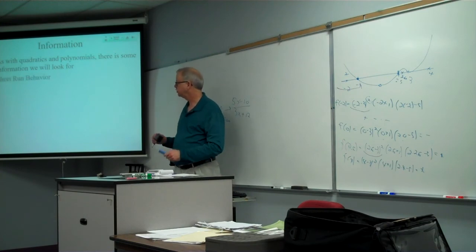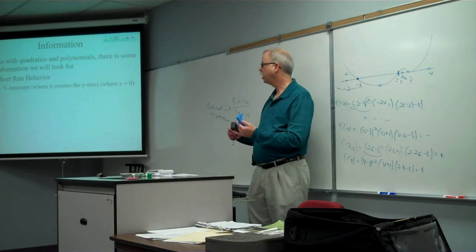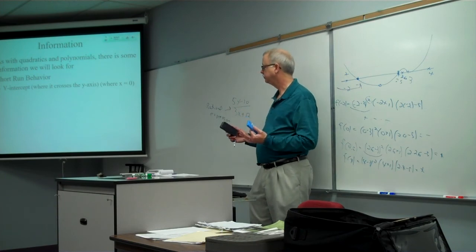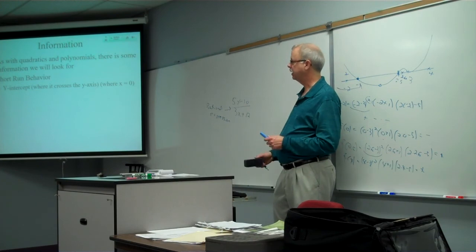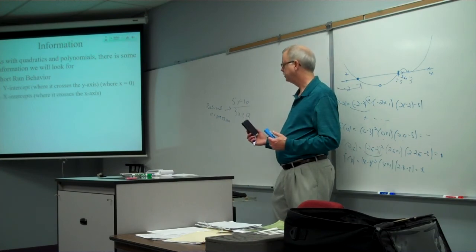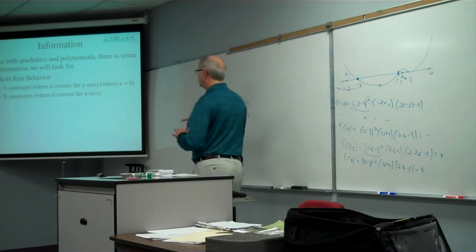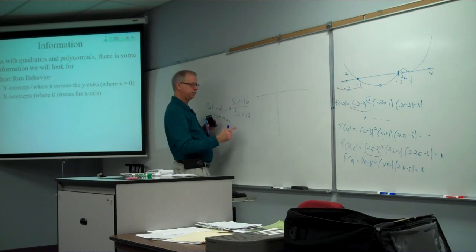For rational functions, we're also looking for some short-run behavior. Where do we cross the y-axis? What happens when the input is 0? That we can just plug in. Now, where do we cross the x-axis? For a rational function, where we cross the x-axis is where the numerator is 0.